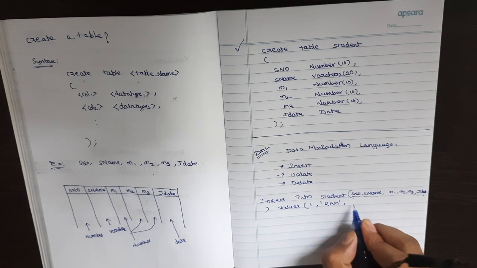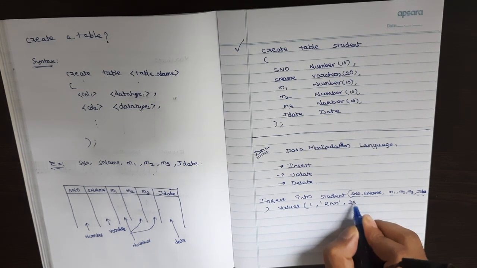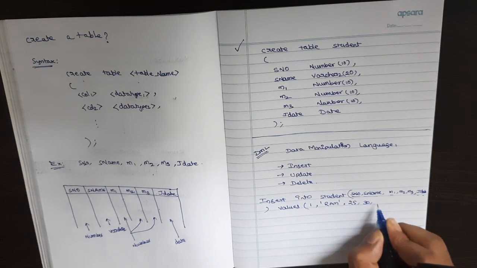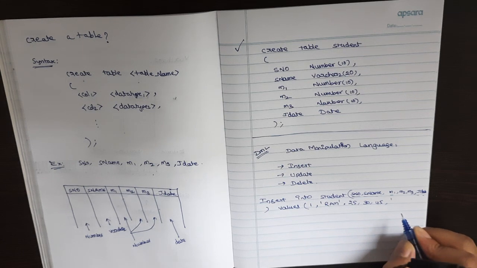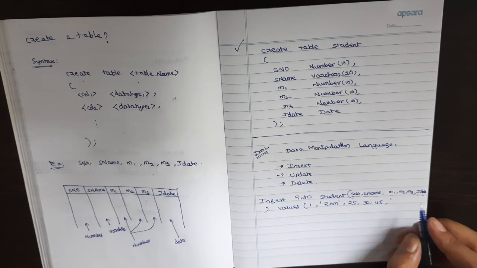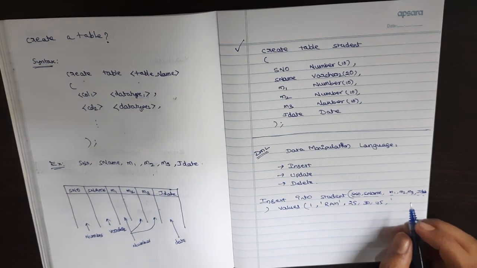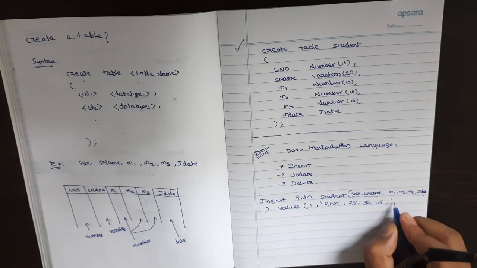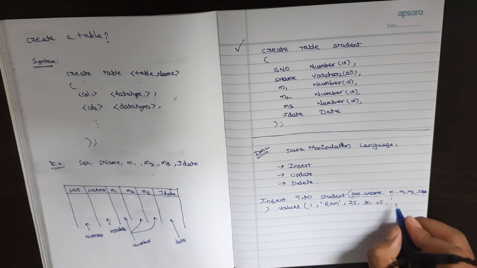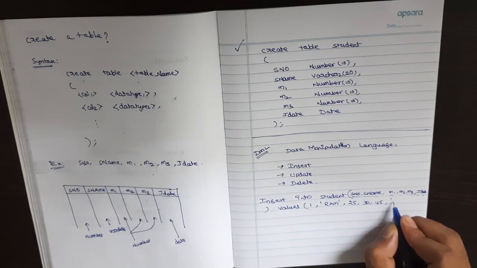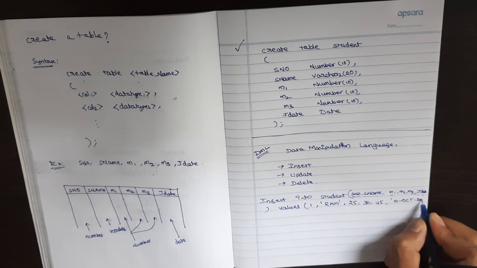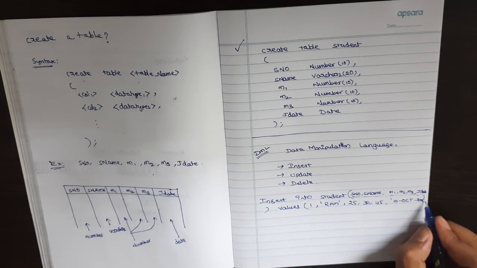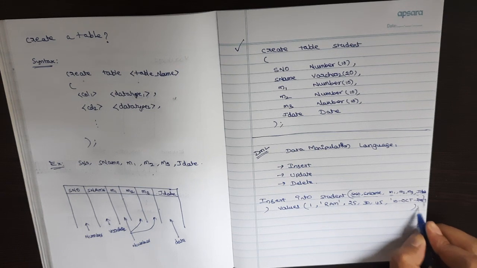Next M1, his marks 1 is 25, next 30, next 45. Next the joining date should also be a string, and the date format should be DDMMYYYY. That is for J date, 10th October 2021, quotation close, bracket close, and semicolon.